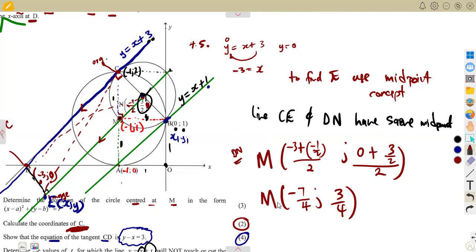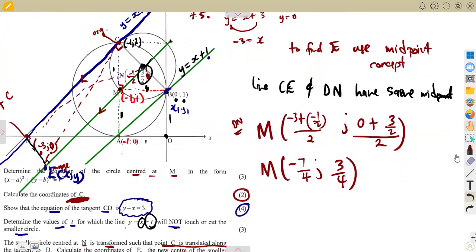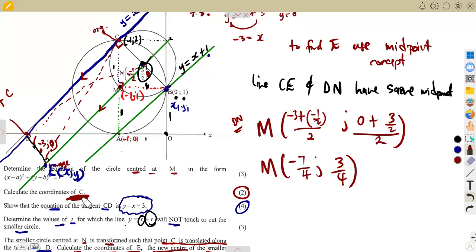So we can take advantage of the midpoint now, because we want to calculate the coordinates of the point E, remember? So you're simply saying, using the C part here, this time we're going to use CE. What is the x value at C?